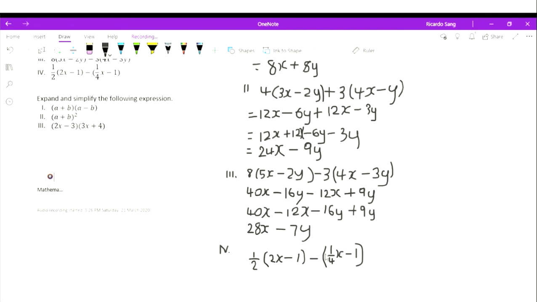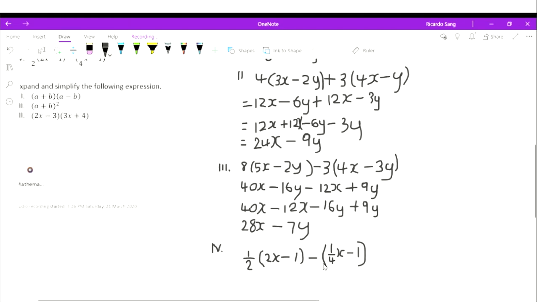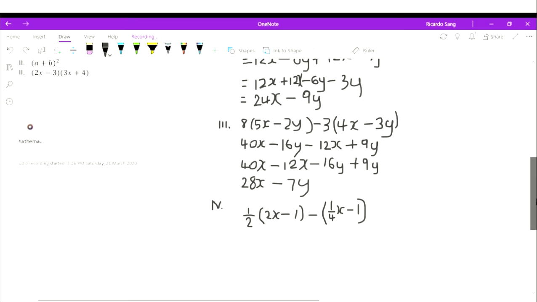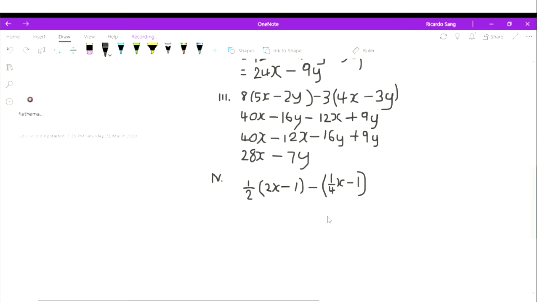Because this fraction is inside the bracket, we're going to operate everything as a whole for now. This bracket is outside the bracket, so it affects the whole thing.